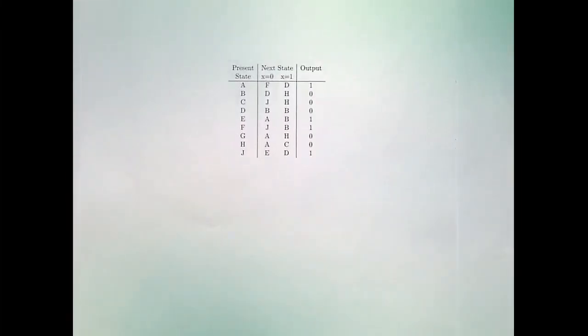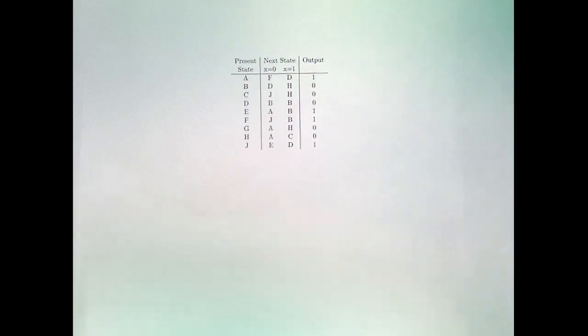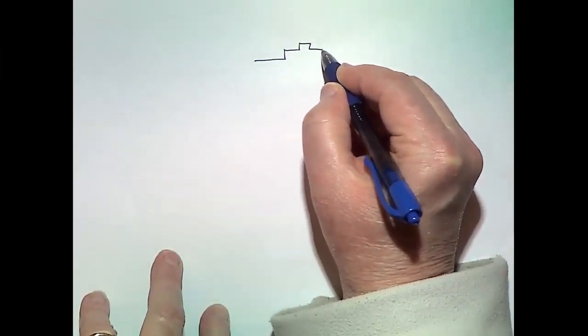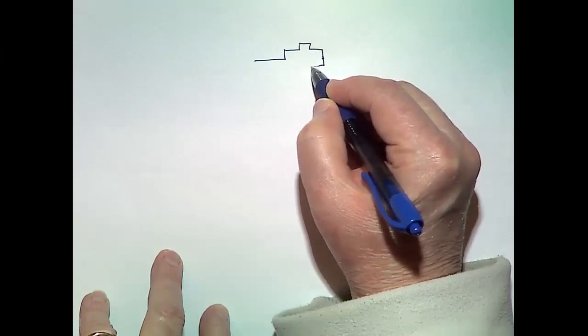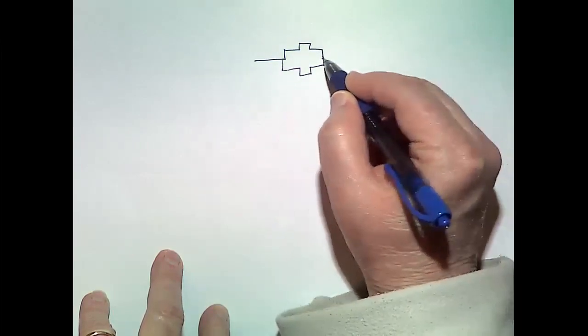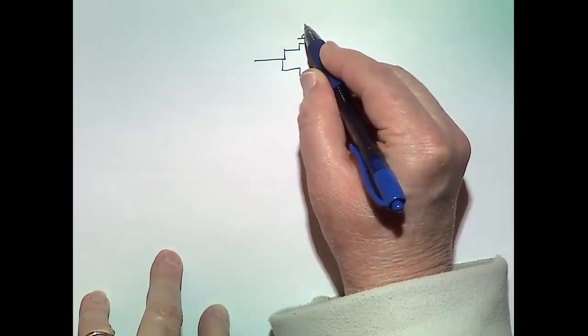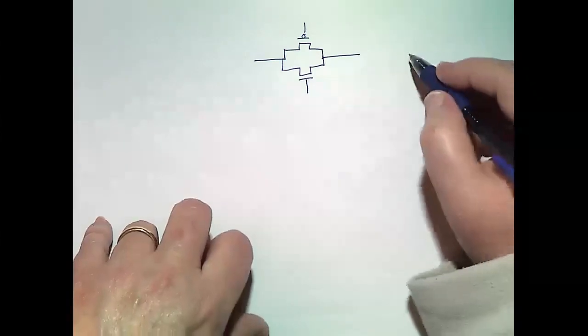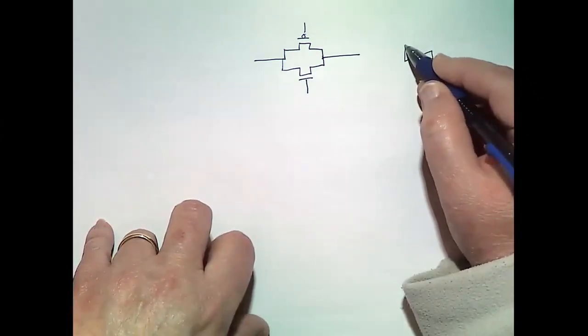So, what are the options? A transmission gate. So a transmission gate is a PMOS and an NMOS in parallel. We usually draw this symbol to represent that.